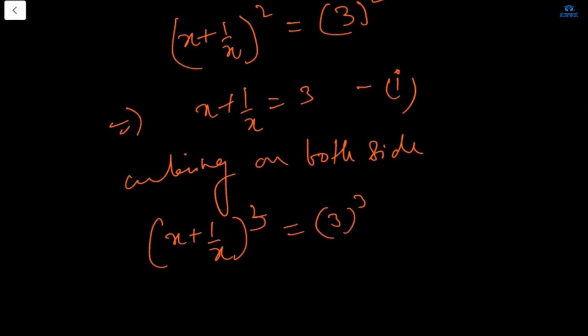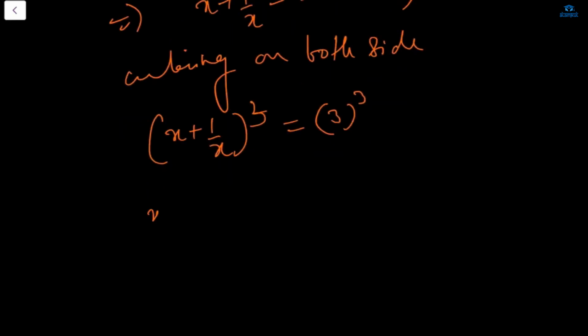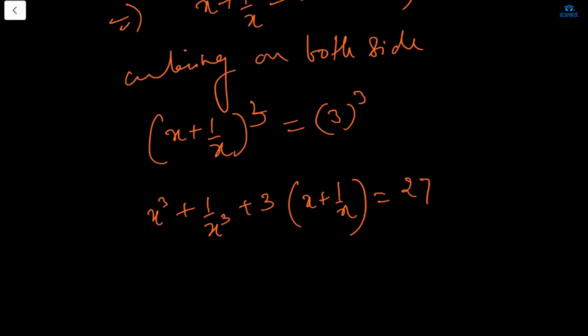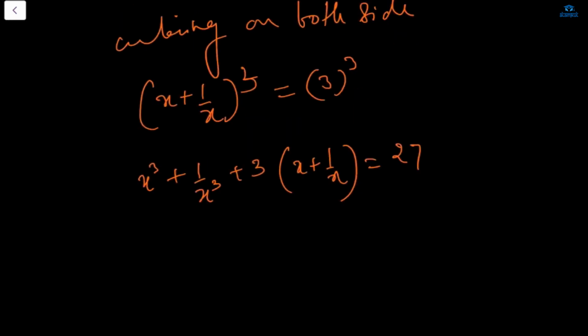So it will give you x cube plus 1 upon x cube plus 3 x into 1 upon x, so it will cancel, and then it will be (x plus 1 upon x) is equal to 27. Now you need to find the value of this. And we already know x plus 1 upon x is equal to 3.